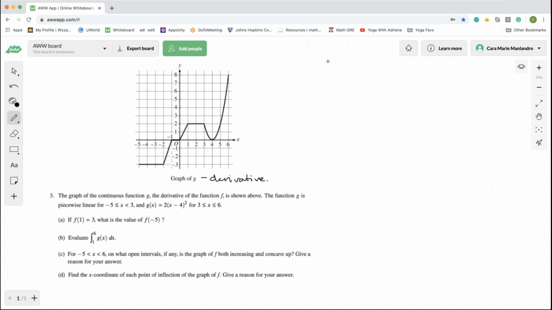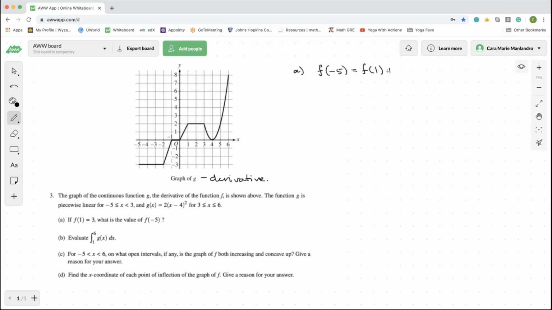Pretty standard problem like we've done the past week, 2 weeks. We want to know what is f of 5, and we were given an initial value. So we have to start at our initial value and then use that to go backwards to find the area.